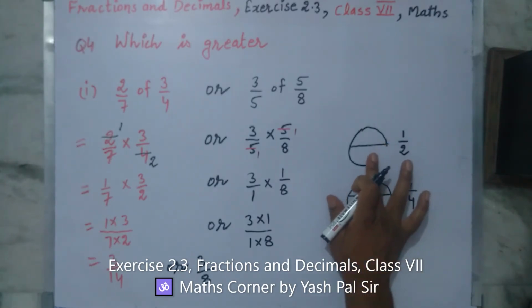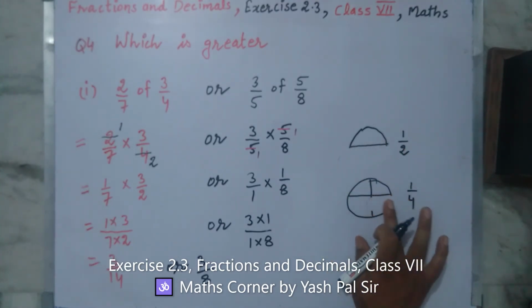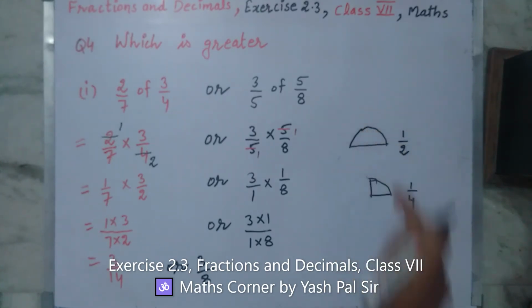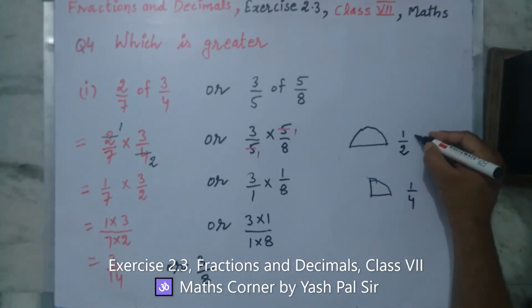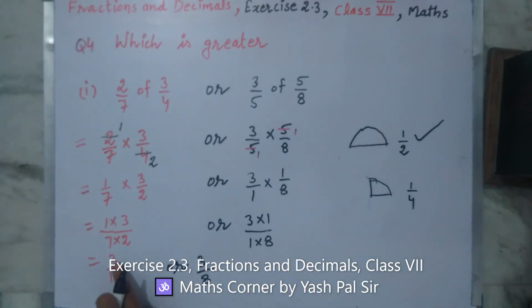So tell me, 1 by 2 means this portion and 1 by 4 means this portion. Which portion is greater? It is clear that this portion is greater. Similarly, in this question, 3 is divided into 14 and 3 is divided into 8. So which is greater? 3 by 8 is greater. So the solution is 3 by 8 is greater than 3 by 14.